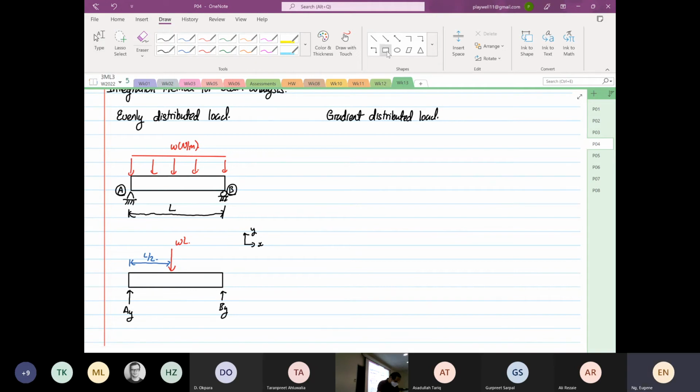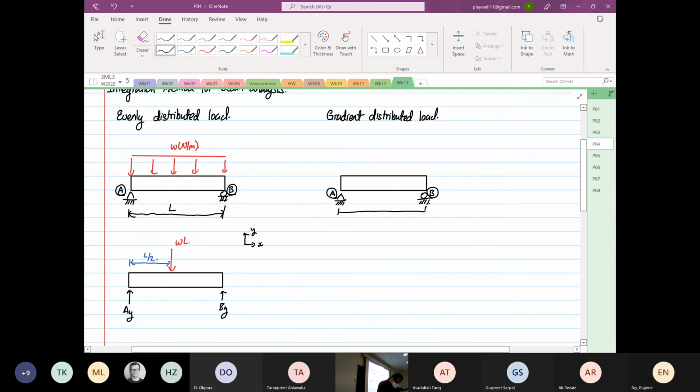So now we have, again, point A, point B, okay? And then from here to here is L, right? We have now a gradient distributed load.